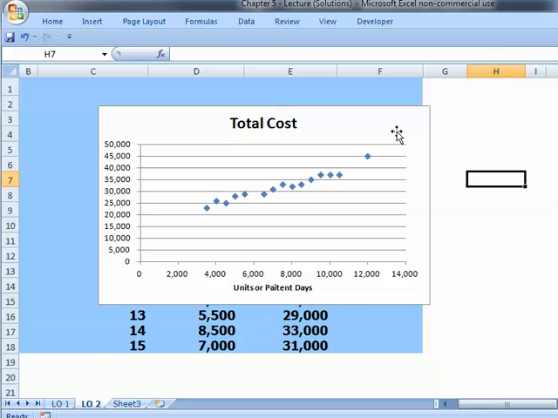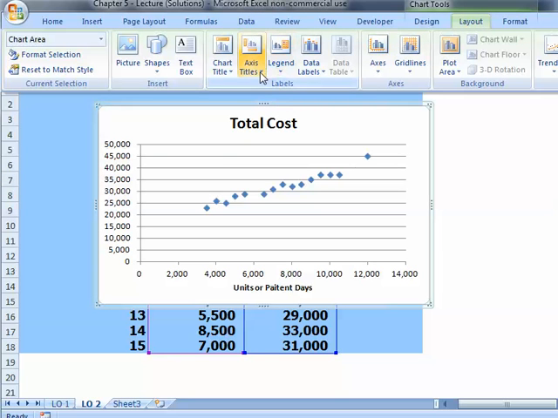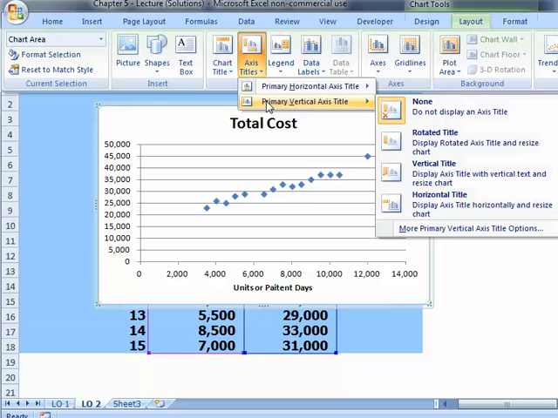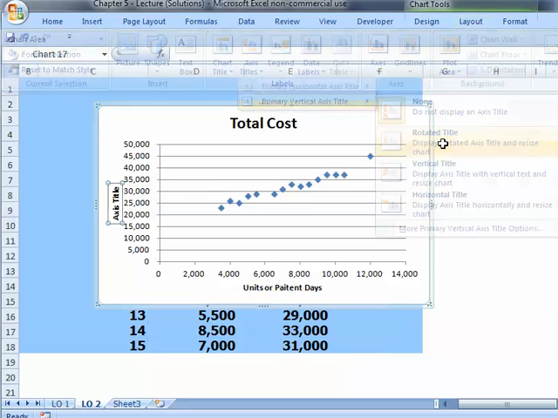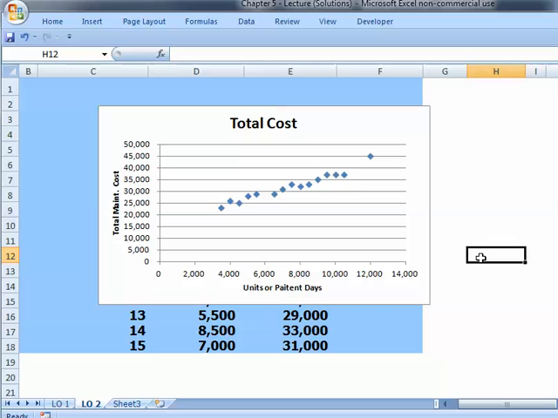Again, clicking on the chart, Layout, Axes, vertical axis, I'm going to have it rotated, and I'm going to type in total maintenance cost. And I've got my chart. And we can use some of the additional formatting if we want to dress up our chart a little bit more.